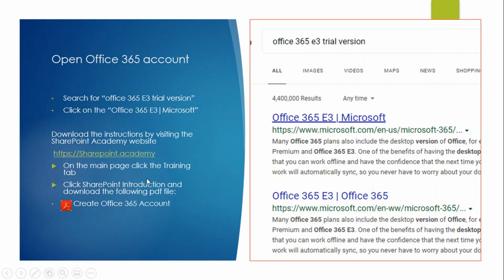On the main page, click on the Training tab, click on SharePoint Introduction, and download the PDF file by the name of Create Office 365 Account. Let's open my browser to start opening the Office 365 account so that we can begin our SharePoint training.